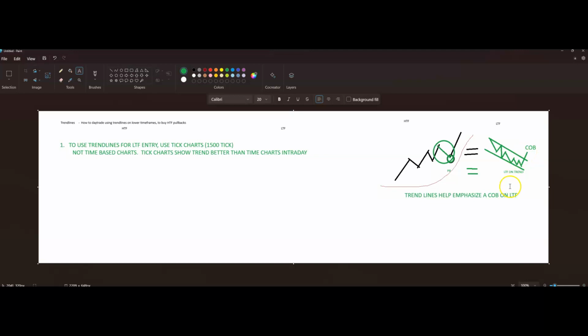Now, there's a lot of things that typically happen before the change of behavior to help you anticipate it. You're going to look for shortening of the thrust as well as overbought, oversold conditions, meaning either the thrust is shortening, which is typically what happens, or it gets overbought, oversold. Let me write this down.